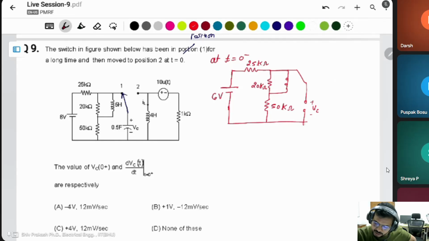And another circuit, there is no requirement of this circuit because there is nothing happening. This is 10 ut.